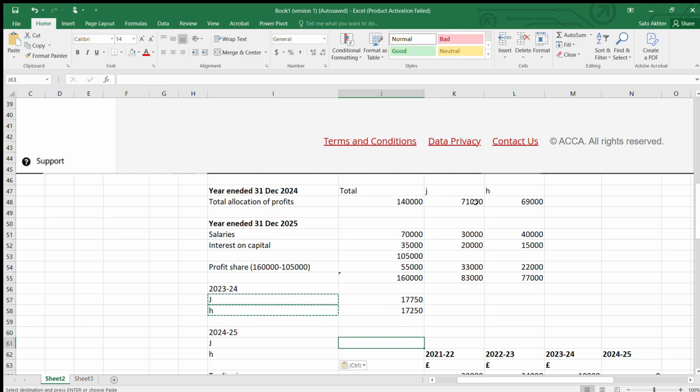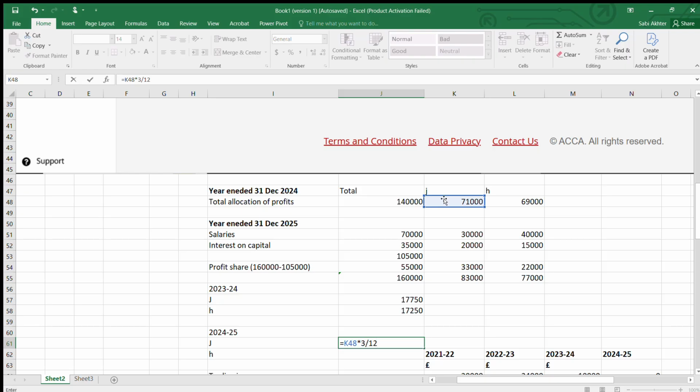So it will include 9 months of 71 and 3 months of 83 for J. So here when you are taking this into 9 months plus, let's put a bracket. You have to add this into 3 months. This is 9 months, okay, which runs from April 24 to 31st December.